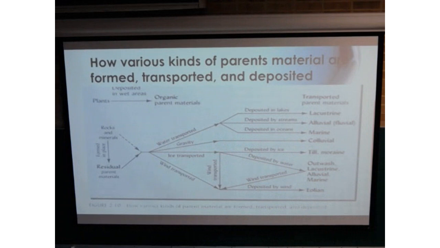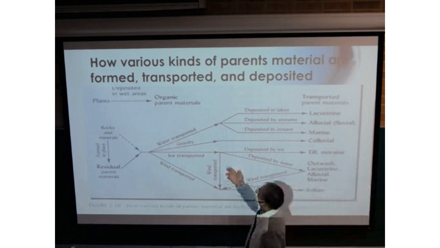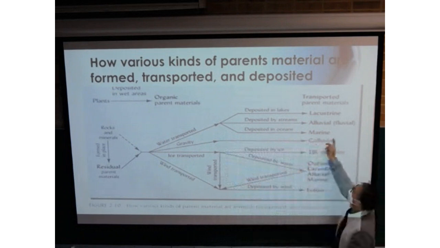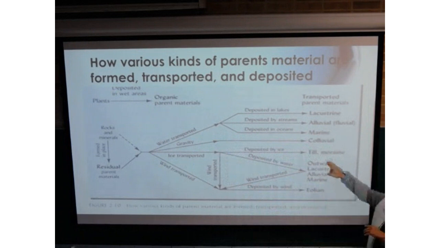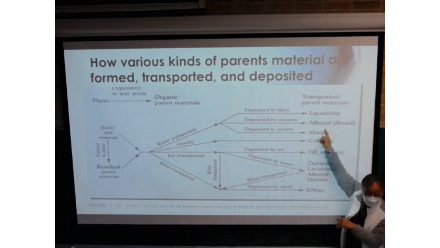If they are broken down and then the soil particles are deposited in the ocean, we call them marine. Okay? That is different. And then broken pieces of particles moved by gravity and deposited in the lowest area, we call that colluvial. Okay, colluvial, and here is alluvial by a stream.